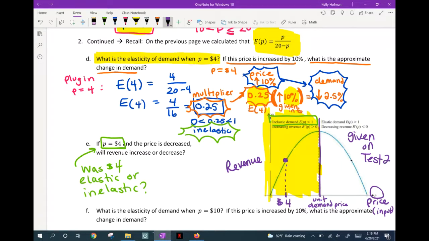Okay, it says at this price, if the price decreases, will the revenue increase or decrease? So right now I'm at $4. If I decrease that to maybe $3 or something, what's going to happen to the revenue?